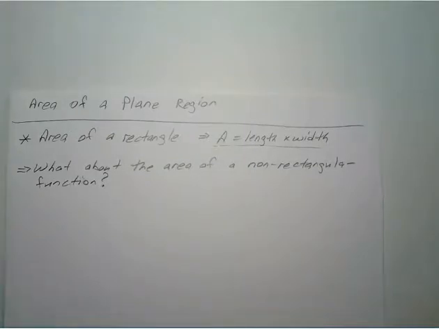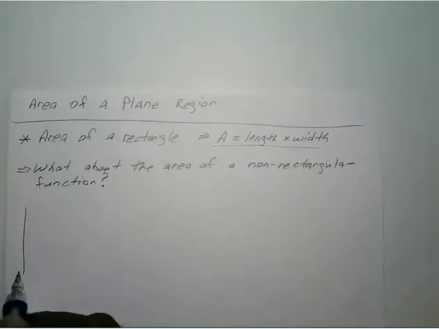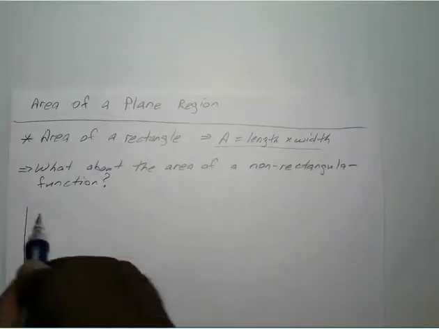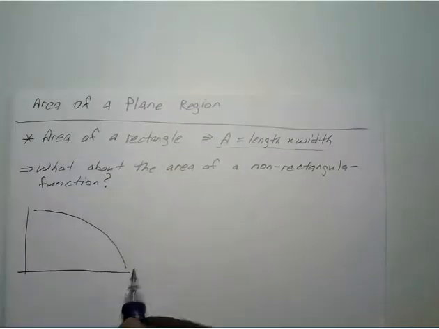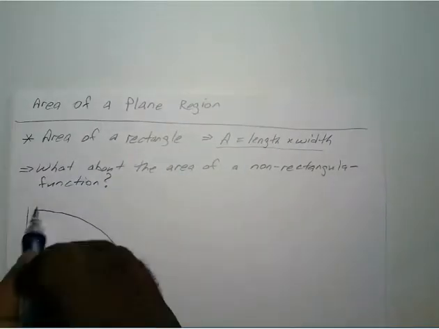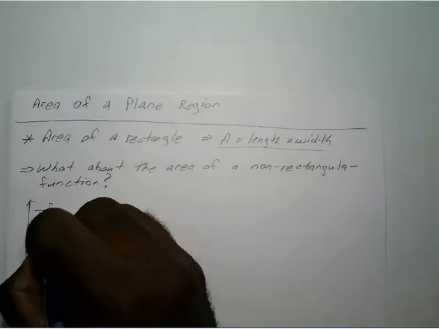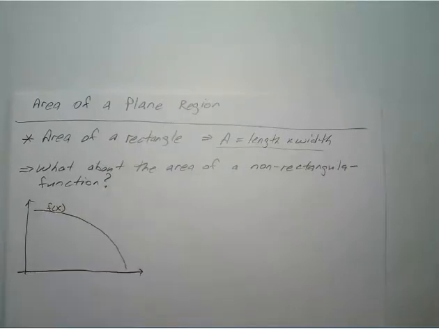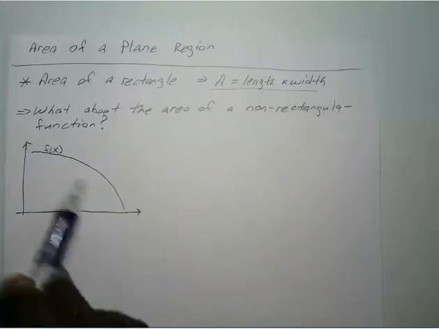So what if we just took a portion, a small chunk of that odd-shaped function? Okay, so what if this is just a function f of x? It may not be the whole function, but just a small portion of it.